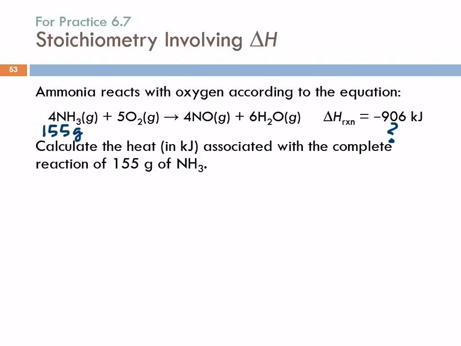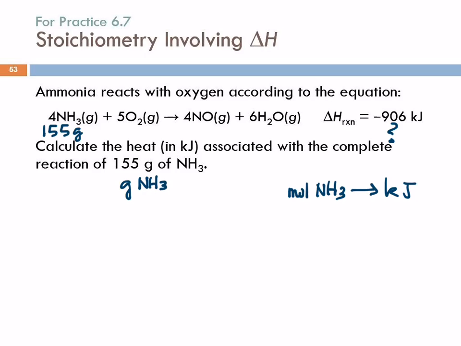We have 155 grams. So we need to do some unit converting here. We're starting with grams of NH3. And we want to end up with kilojoules. This kilojoule amount is for 4 moles of that. So if we knew the moles of NH3, we could figure out how many kilojoules.